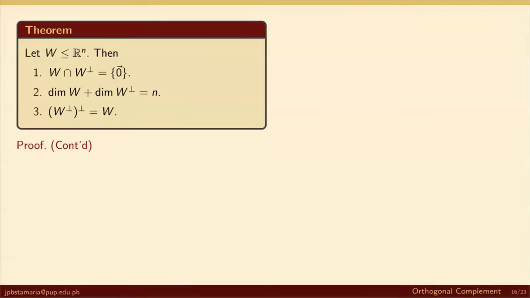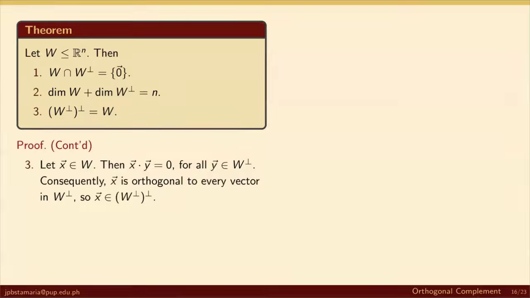And to finish up the proof, we now have to prove statement number 3. We have to prove that the orthogonal complement of W is the same space W. So what we do is we take an arbitrary vector X in W. By definition of W perp, it means that for all vectors Y in W perp, its dot product with X is 0.